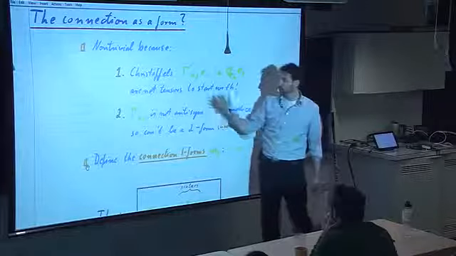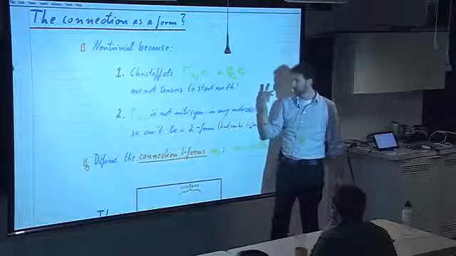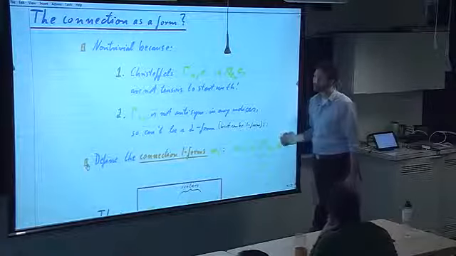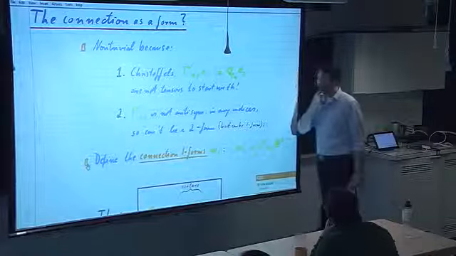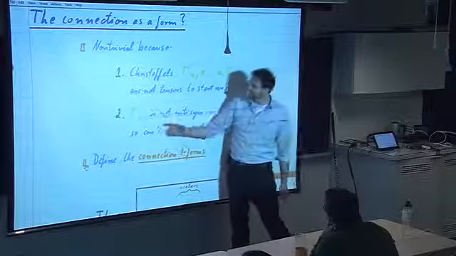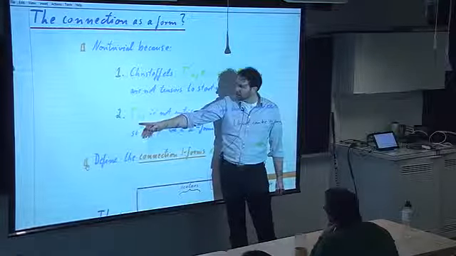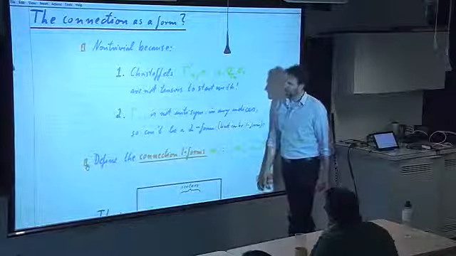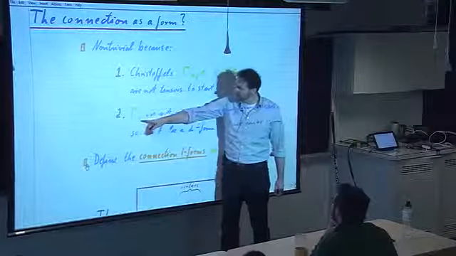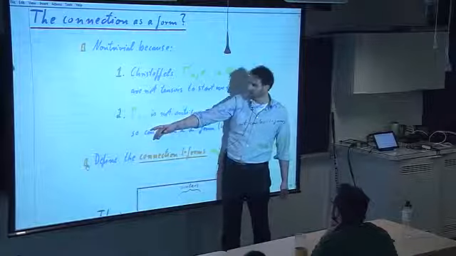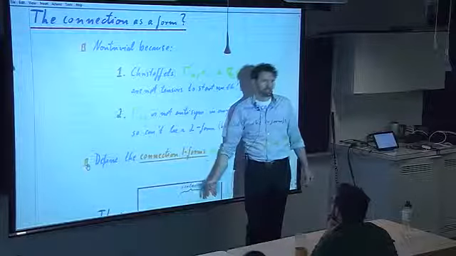We were able to do it for the torsion tensor because it had two indices that were antisymmetric. For the curvature tensor because it had two indices that were antisymmetric. But this doesn't have indices that are antisymmetric. Still, it turns out to make sense to view this as a 1 form. We'll later see exactly what that gives us, but let me explain why we can do it. It's because a 1 form is not antisymmetric in anything.